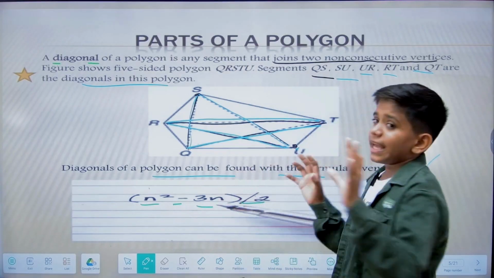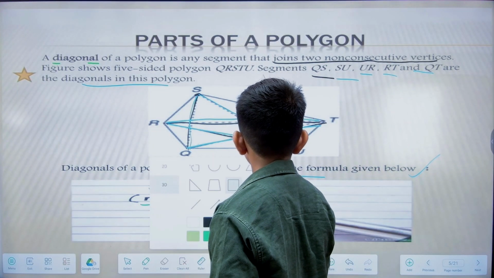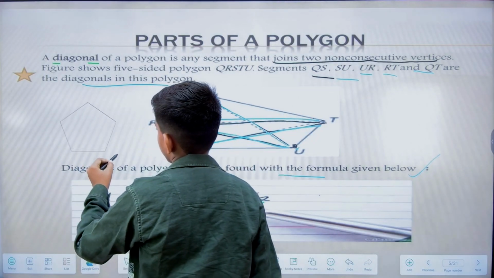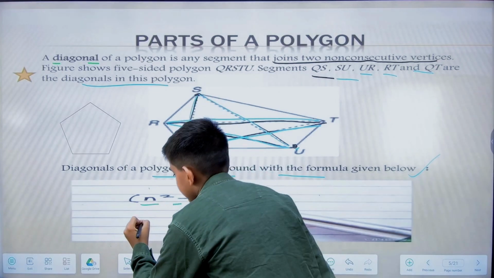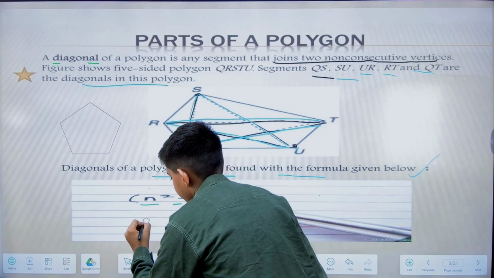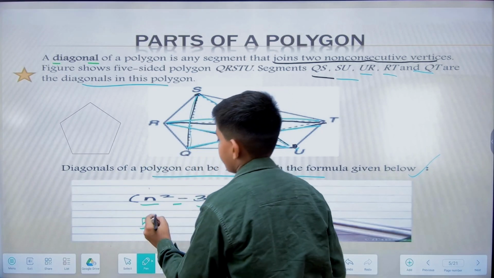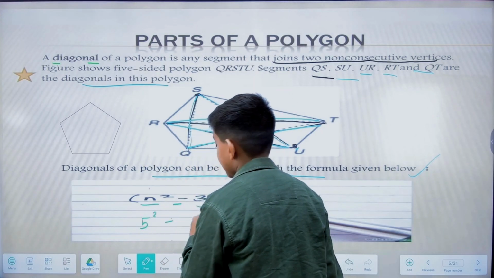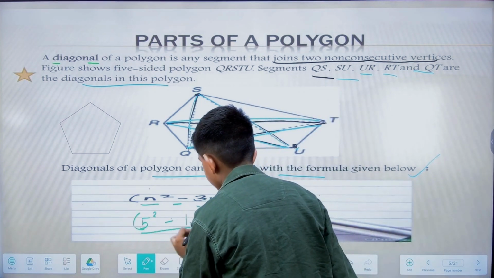Let's take a figure. Let's take a pentagon. This is a pentagon. So, how many sides are there? Number of sides is 5. What is the square of 5? 5 squared minus 3n, 5 times 3 is 15, divided by 2.